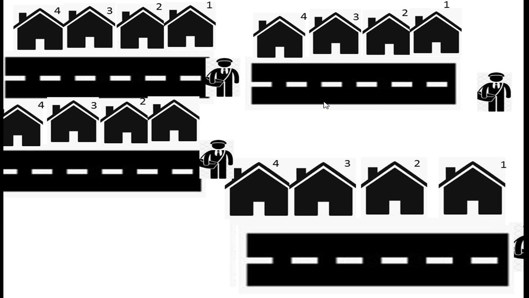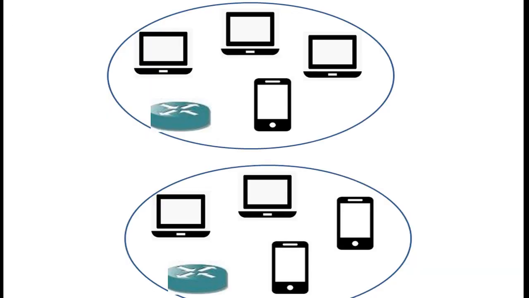Any mail that has a private IP address as its destination address cannot be directed outside that street or network. So in this case, we say that the private addresses 1, 2, 3, and 4 are non-routable, or are for inside the network communication.